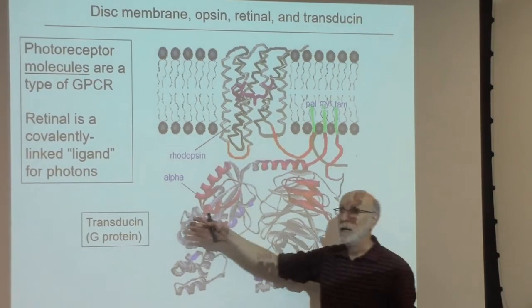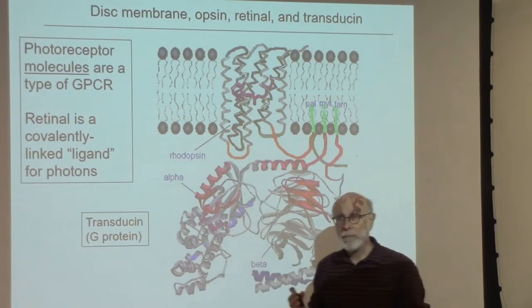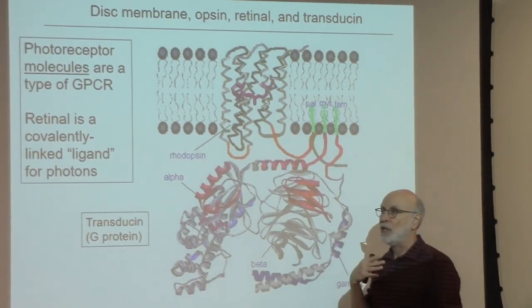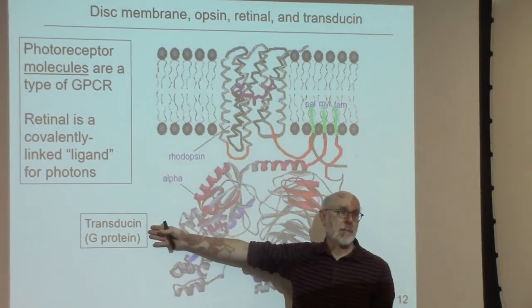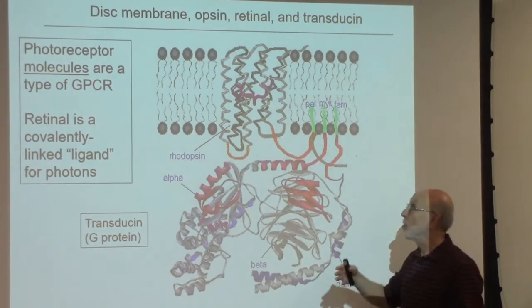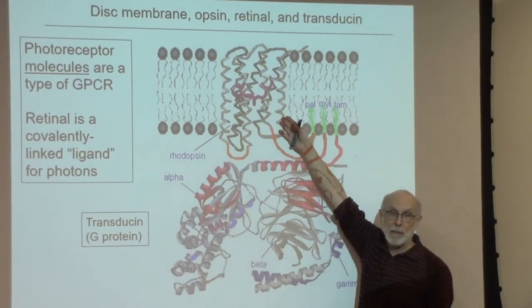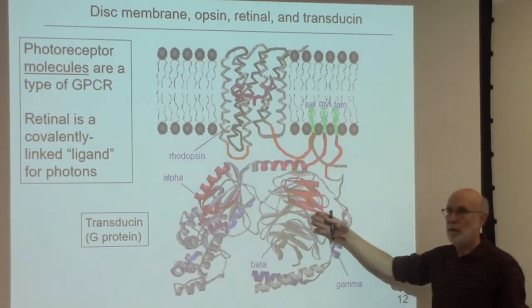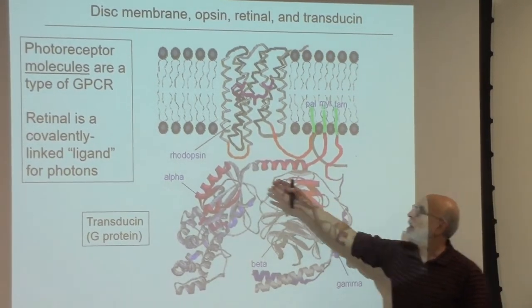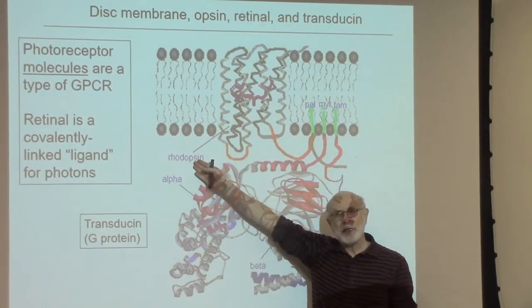The G protein, in this case, has a name. It's not GS, it's not GI, it's not GQ, it's called transducin. So in the photosystem, the G protein that is coupled to opsins is transducin. Just to be clear, rhodopsin is the opsin in rods.